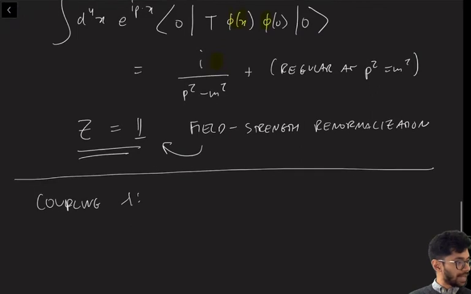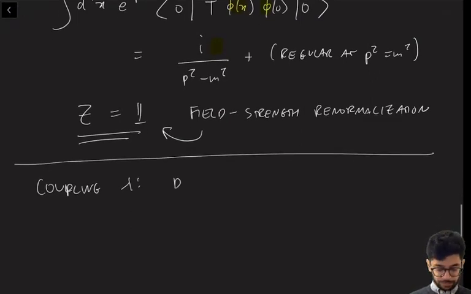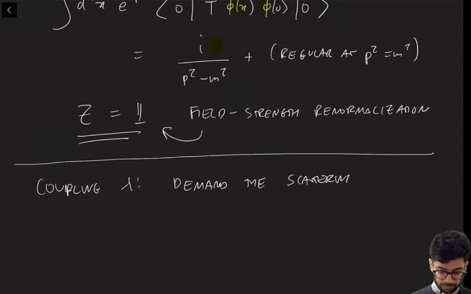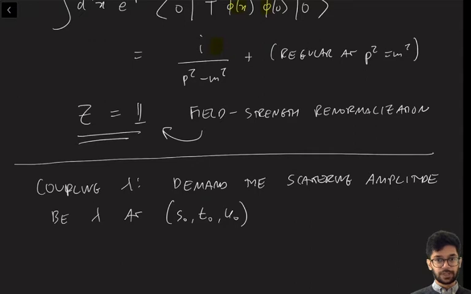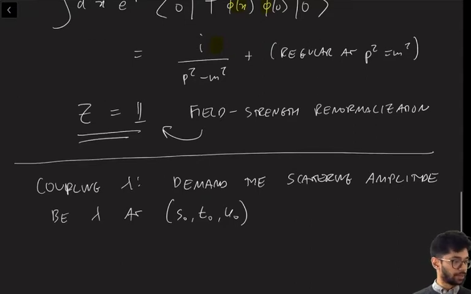We're going to demand that the scattering amplitude be exactly equal to lambda at a particular point s0, t0, and u0, where this is some chosen kinematic point.